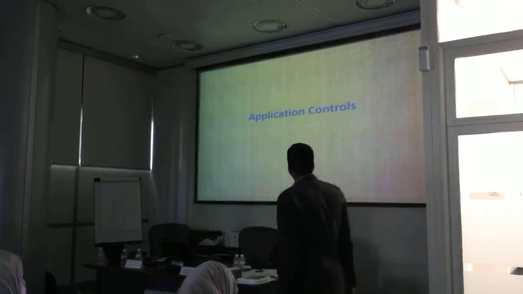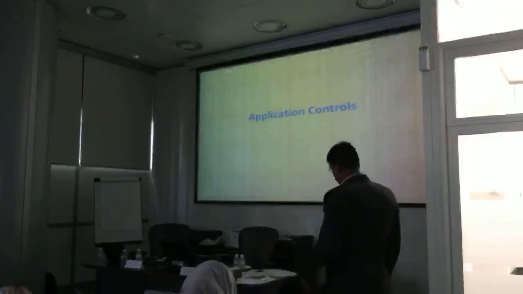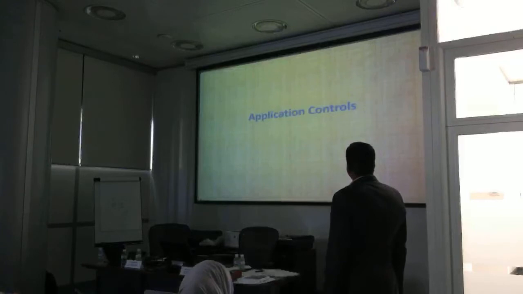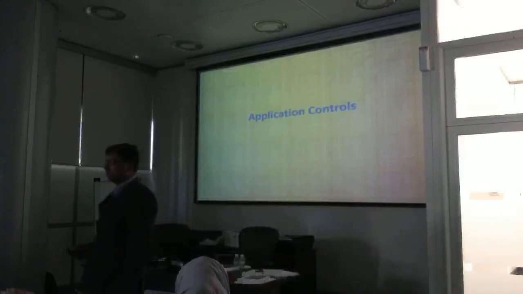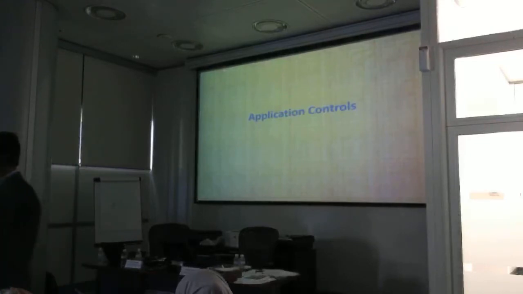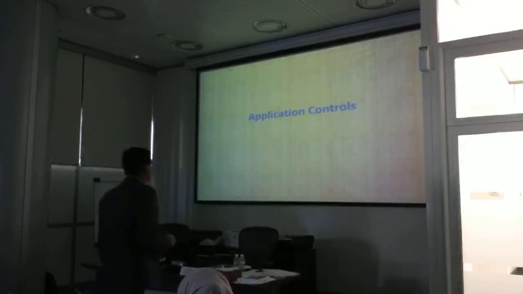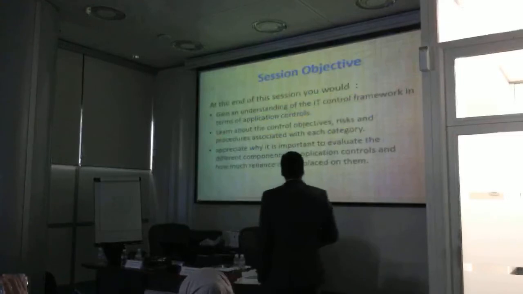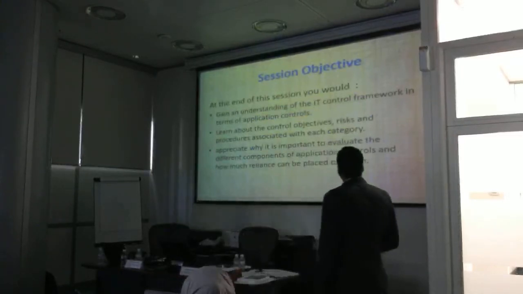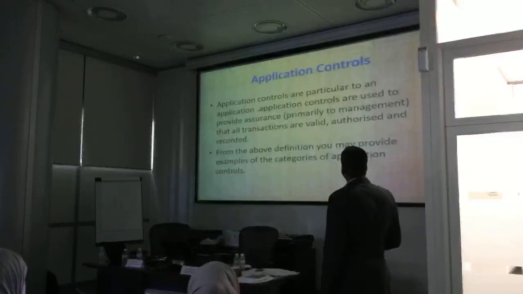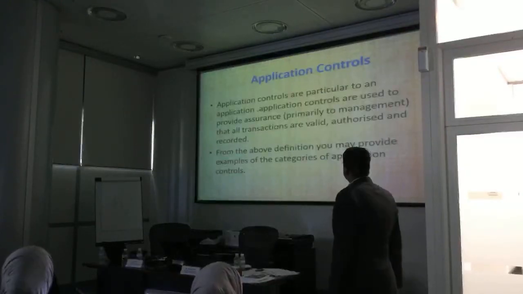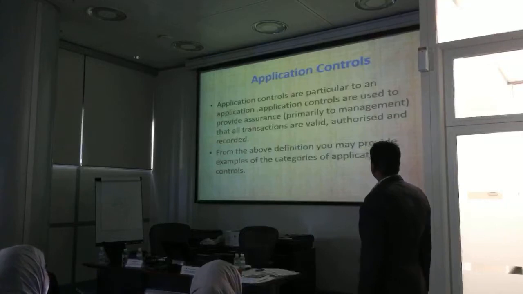We were discussing about general controls. Application controls are the procedures or the measures which are put in place in the IT system. Application controls are particular to an application.